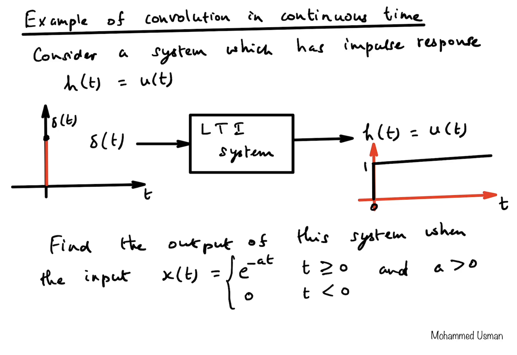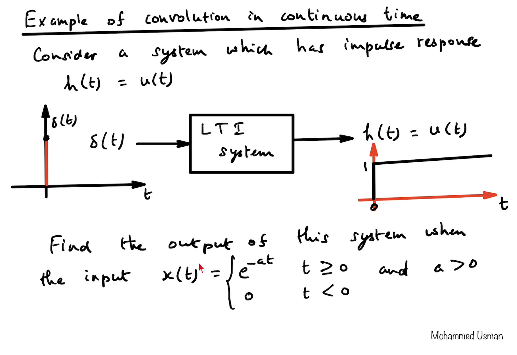Okay, this is the condition given. So now we are told that the system produces an output u of t when the input is delta of t, and using this information we are asked to find the output of the system y of t when the input is given by this x of t.